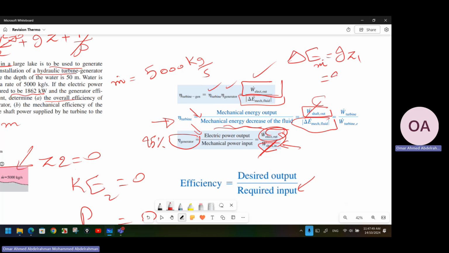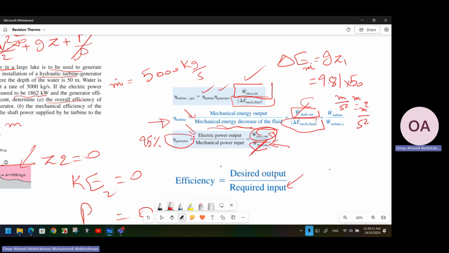So I have 9.81, the gravitational acceleration, and Z1 is 50. This one is meter per second squared, and this one is meter, so this will be meter squared per second squared. You have to convert it because we usually deal with kilojoule per second or kilowatt, and I already have the electrical power in kilowatt.